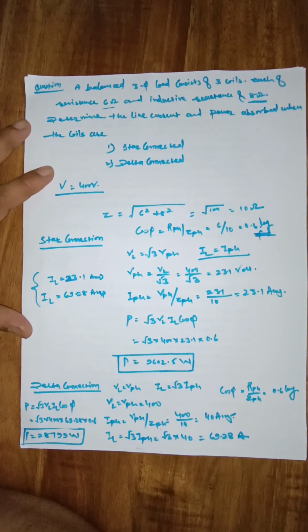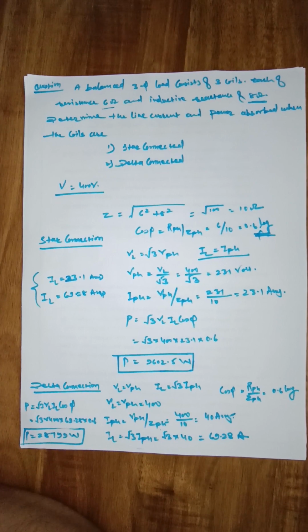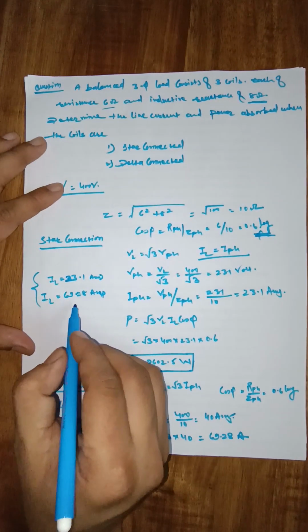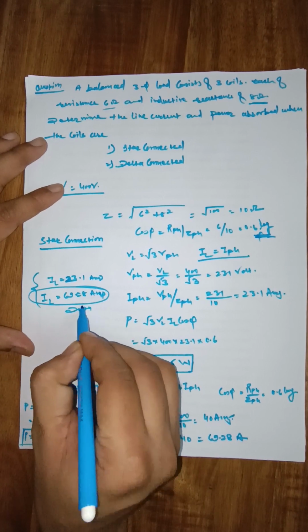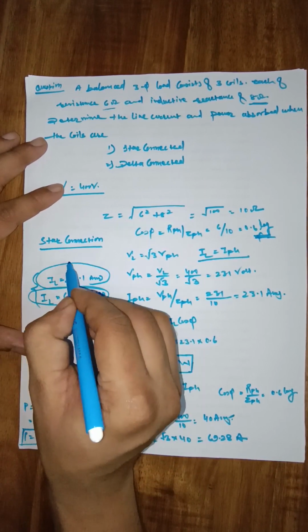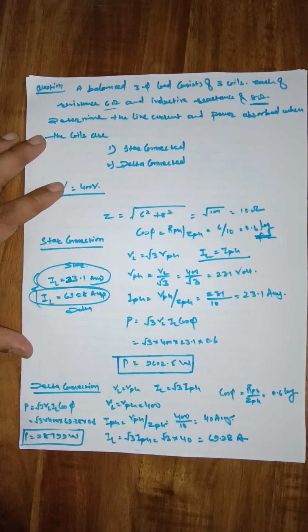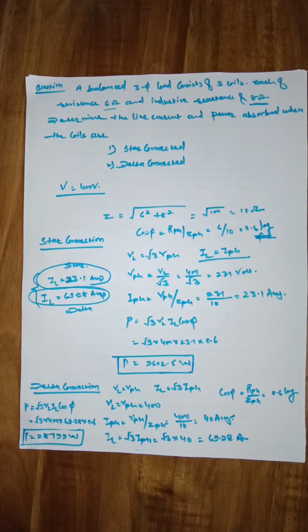So delta connection demands more line current as compared to star connection. This current is in case of delta and this current is in case of star. Clear? So you have to know about this, and at this point I should stop, and this is all about your star and delta connection.